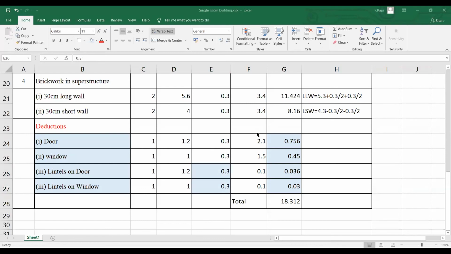So this length part we need not write here. For lintels and doors we need not write here. So this is enough. So the total quantity of brickwork in superstructure obtained is 18.312 cubic meters.